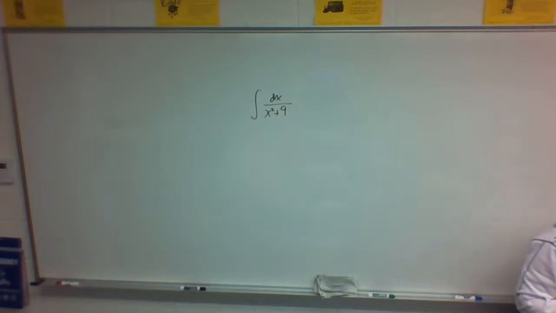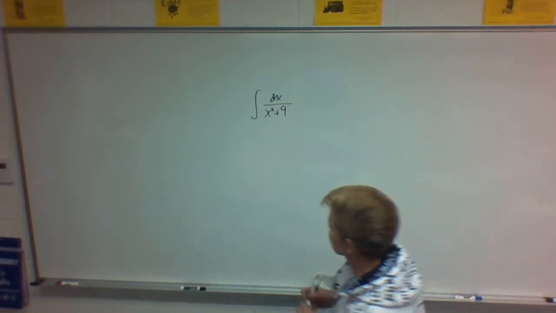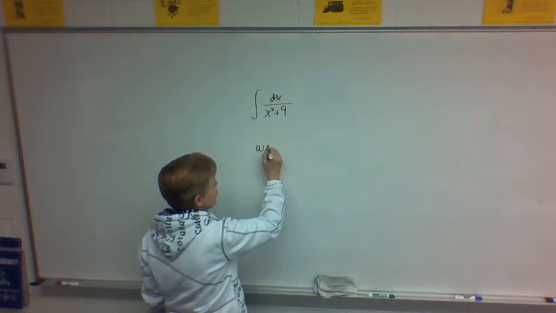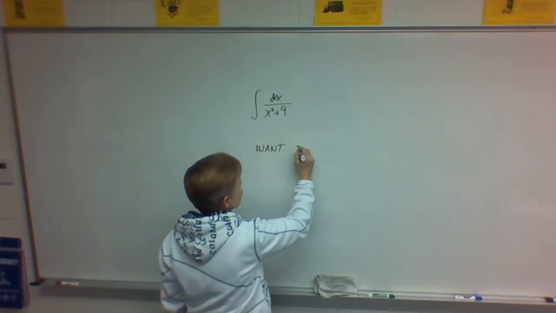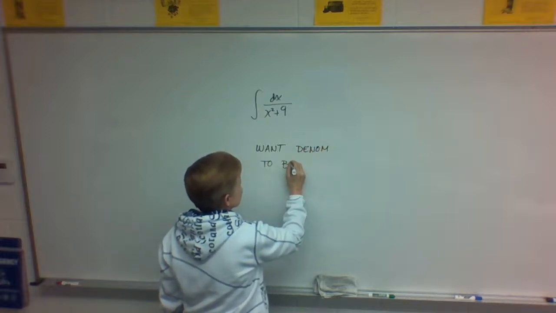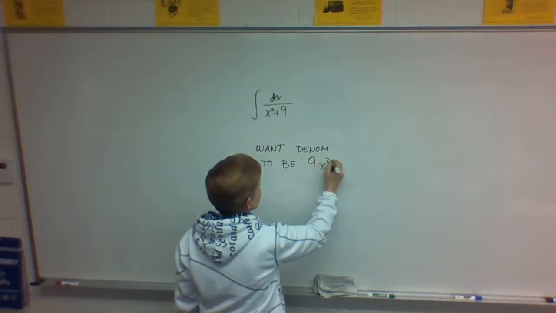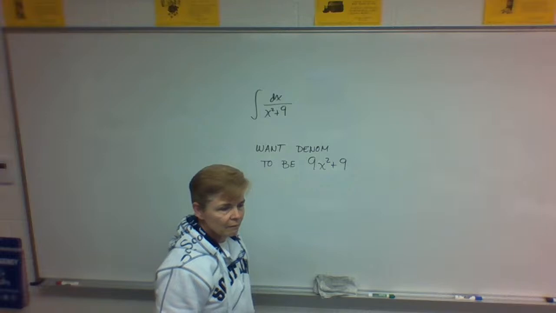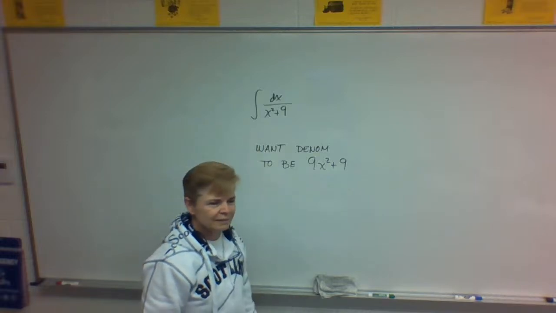So think about this with me for just a minute. If we're going to use inverse tangent for this, what we want to happen is for the denominator to be 9x squared plus 9, so we can factor the 9 out. That's an easy thing. But it doesn't look like that.